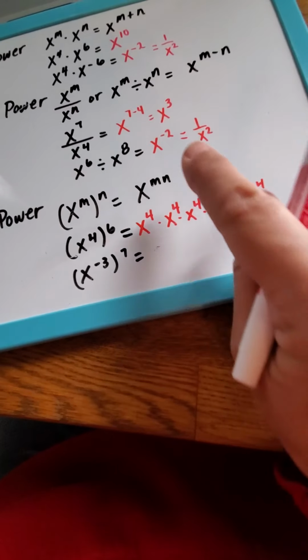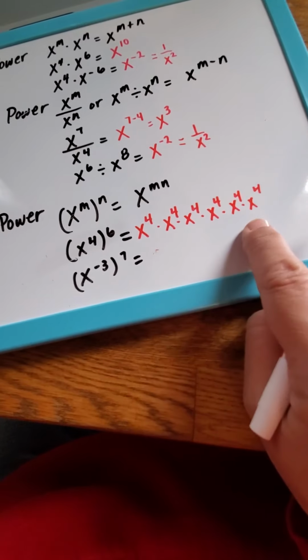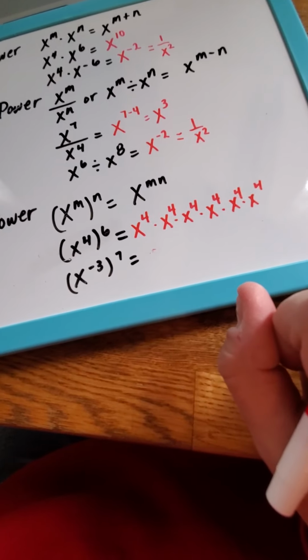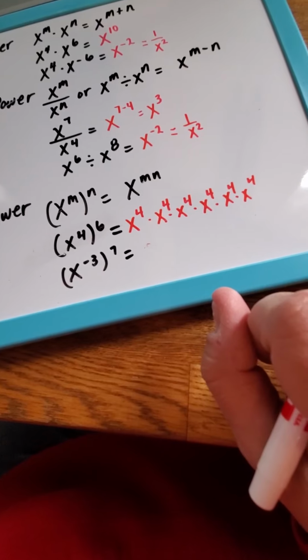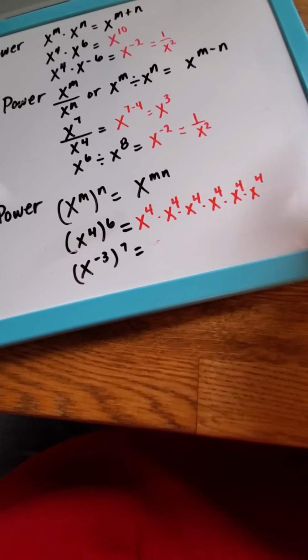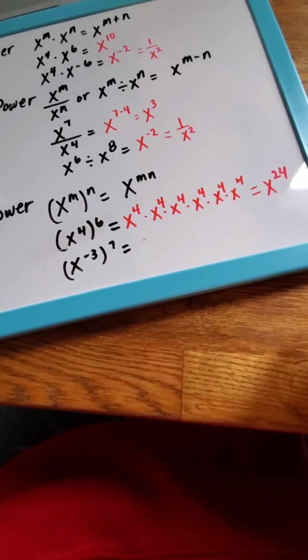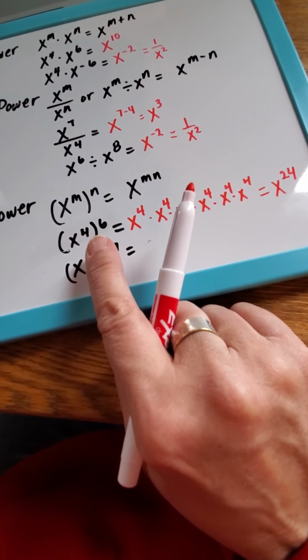So then we can apply the rule at the top where the bases are the same and I can add all of those exponents together. So if I add 4 plus 4 plus 4 plus 4 plus 4 plus 4, I get 24. So the shortcut to that is just to go back here and just multiply those together.